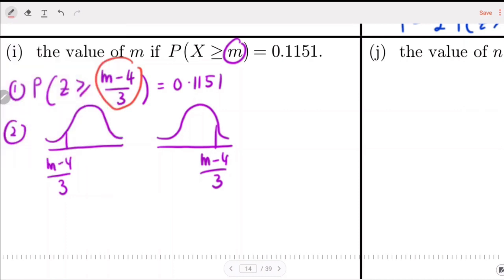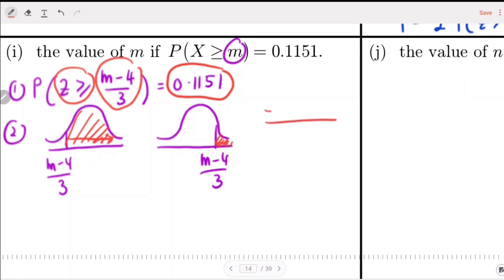Since our probability is for Z greater than or equal, meaning the shaded region goes to the right from that value. And then we need to check which one of the bell shapes is correct if the probability given is 0.1151. So we know that the total area under the curve is 1.